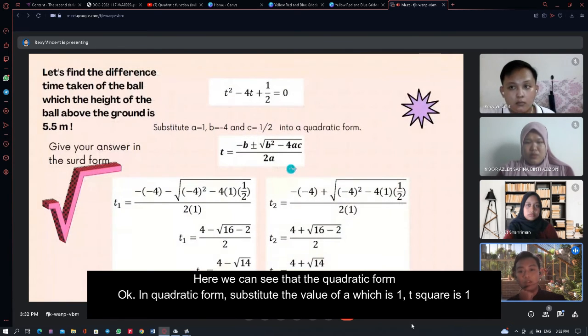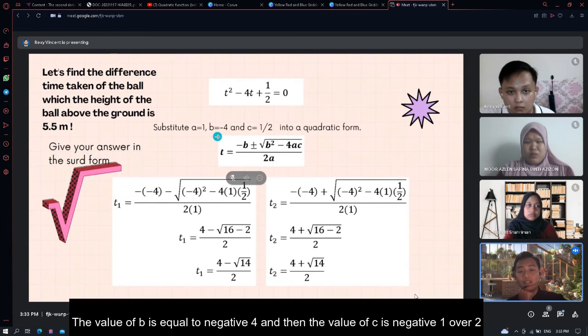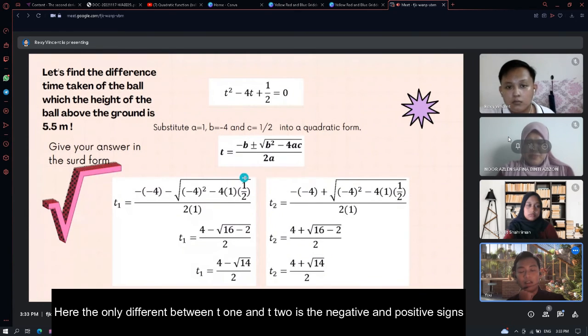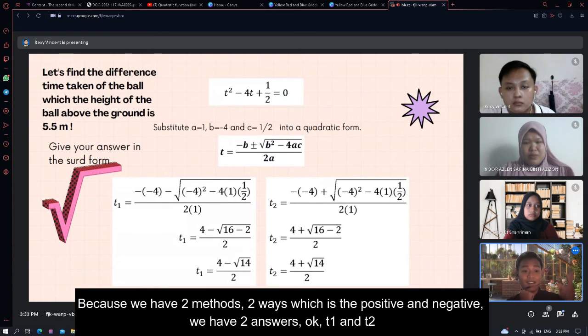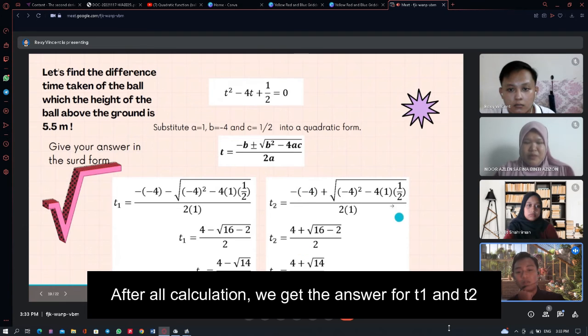In quadratic form, we can substitute the value of a, which is 1 for t squared, and then the value of b is equal to negative 4, and then the value of c is 1 over 2. Here, the only difference between t1 and t2 is the negative and positive signs. Because we have two ways, which are positive and negative, we have two answers, t1 and t2. After all the calculation, we get the answers for t1 and t2.